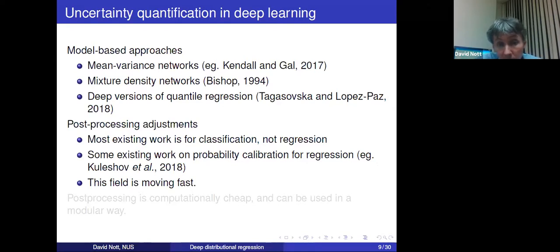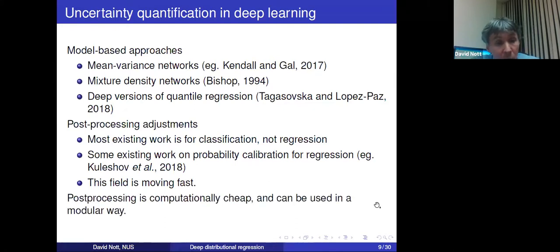And in fact, it's something of a hot topic right now. So the field is moving quite fast. One advantage of the post-processing approach is that it's modular and it's computationally cheap. So the post-processing happens in basically the same way, no matter what neural network you fitted in the first stage.